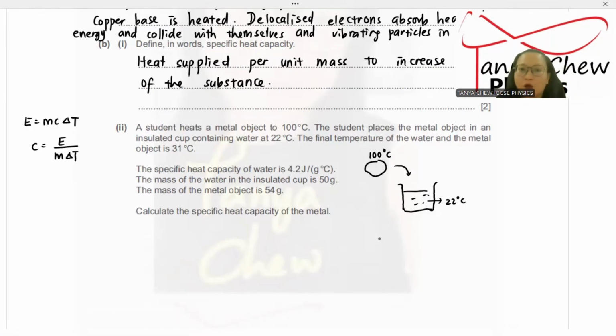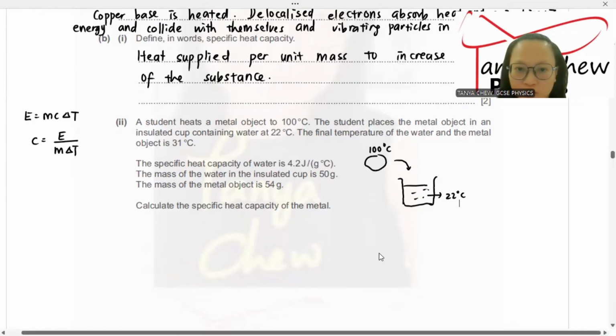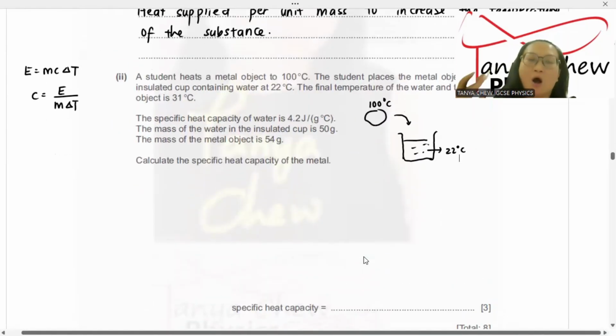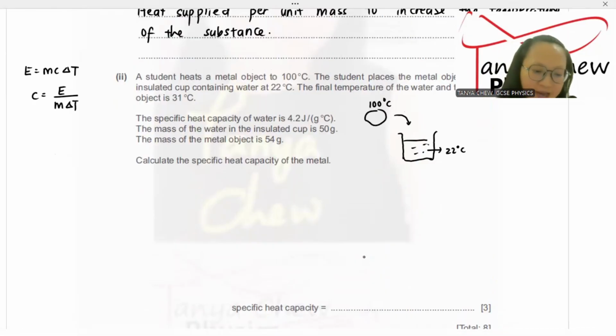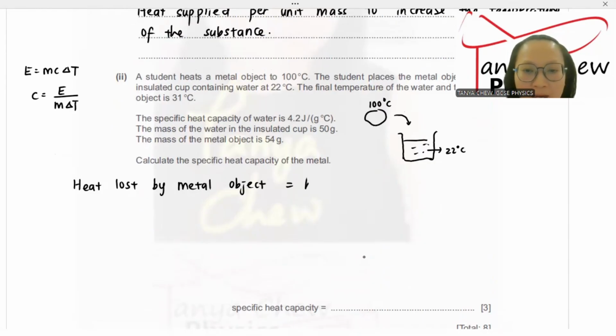And then eventually the final temperature of both objects will be the same at 31 degrees Celsius. Now, to solve this question, the easier way is by using the principle of conservation of energy, which I'm going to use right now. So I would say that the heat lost by the metal, because the metal is at a higher temperature, heat lost by the metal object is being gained by, heat absorbed by the water.